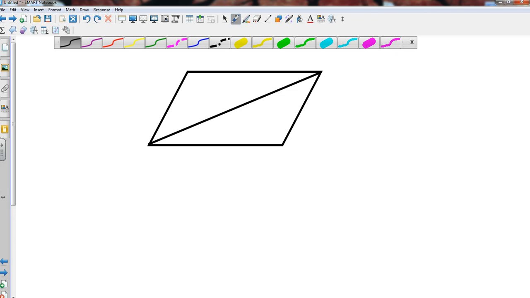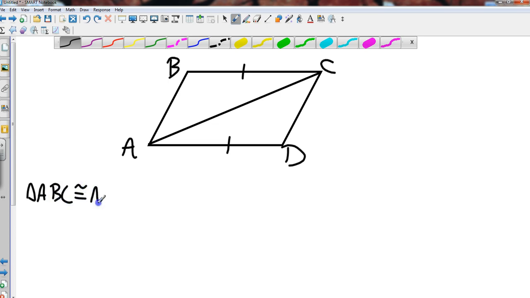And then maybe they tell you, we'll call this A, B, C, D. Everybody sees the two triangles created, right? Okay. I've only given you one set of sides. Is there any way that you can prove that triangle ABC is congruent to triangle CDA? Yes. Okay.